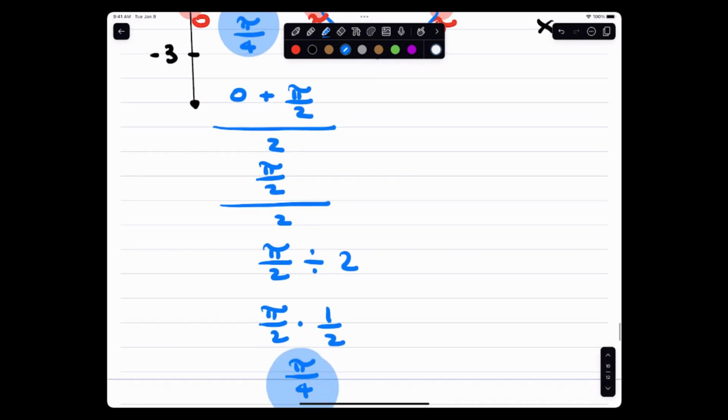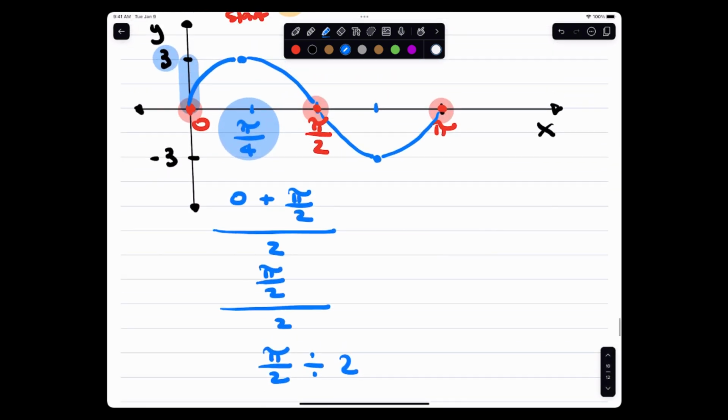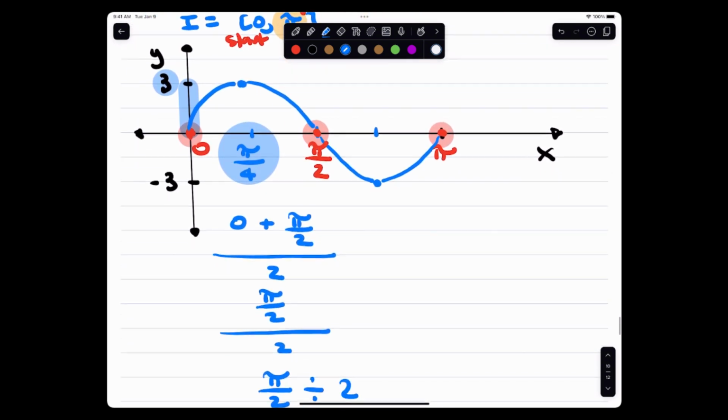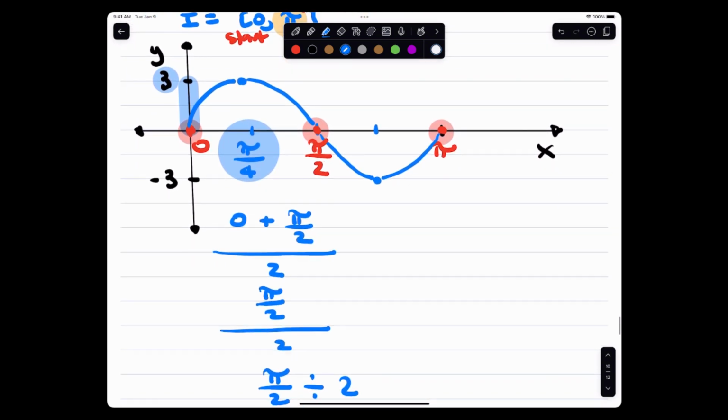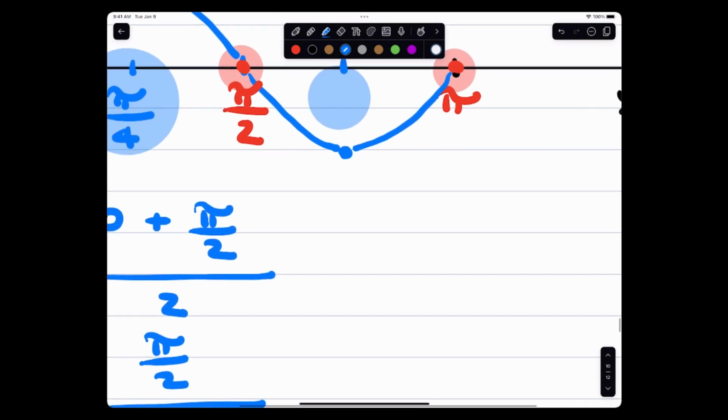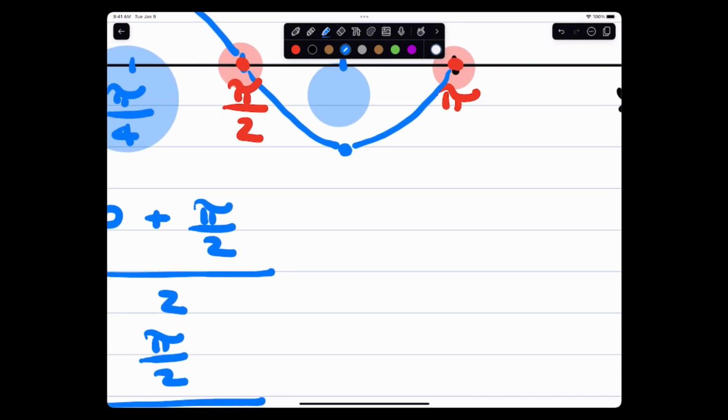Yes? Wouldn't the graph be opposite? It will be, but we're not done. Okay, now what's this next value going to be here? This is going to be, ladies and gentlemen, more arithmetic. You go, oh my God, this is where the S comes in.